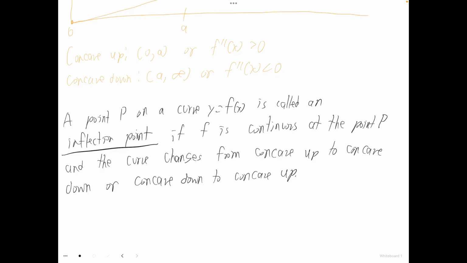So if you're changing concavity, then that is an inflection point. Now, this is slightly different than critical numbers, because with inflection points you do have to change concavity. A critical number may not be a local min or max, but an inflection point is a place where you actually are changing.